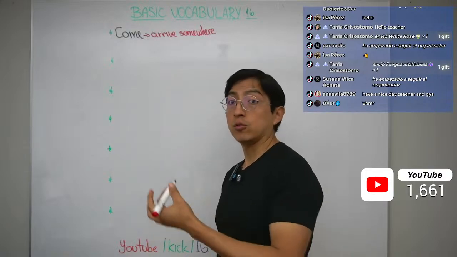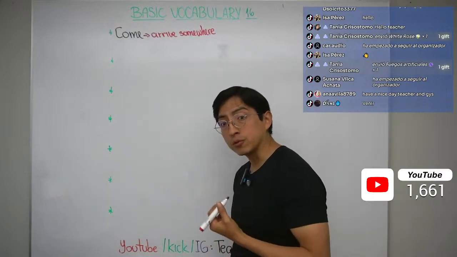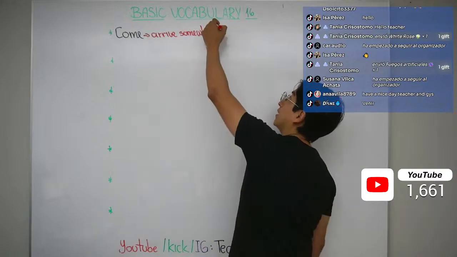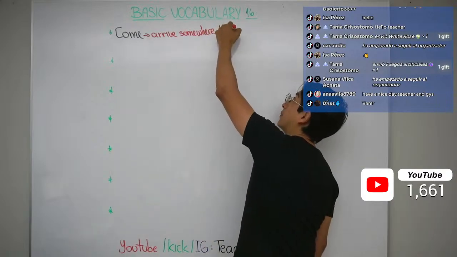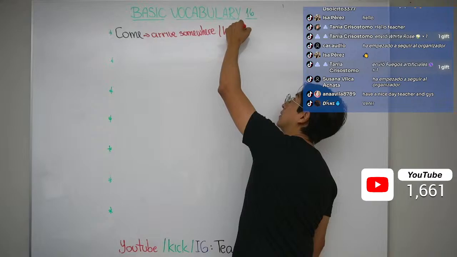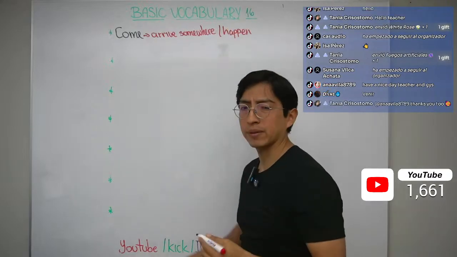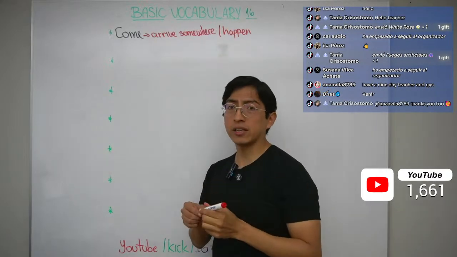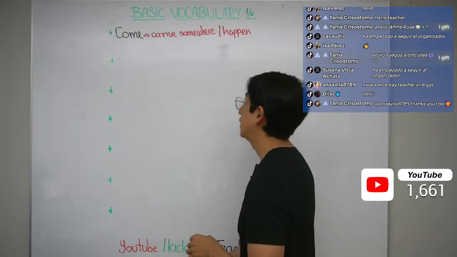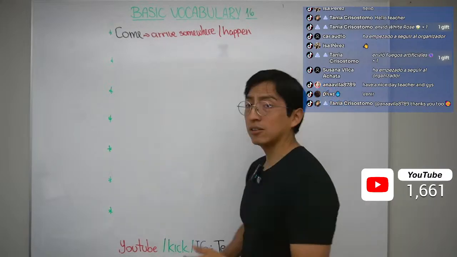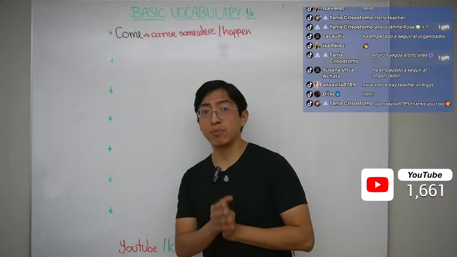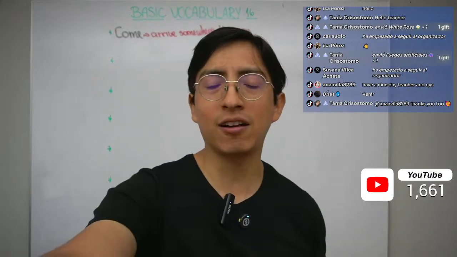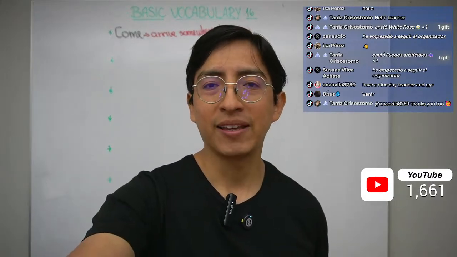Arrive to a place, to come to a place. Now, the second meaning is to happen. That is the second meaning. Not everyone knows how to use this second meaning, but it is also very, very important. Okay, so let's start analyzing them.